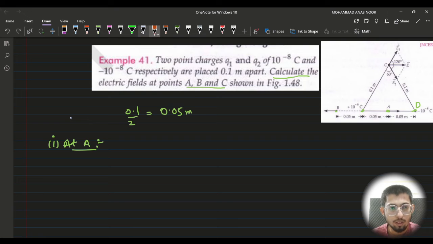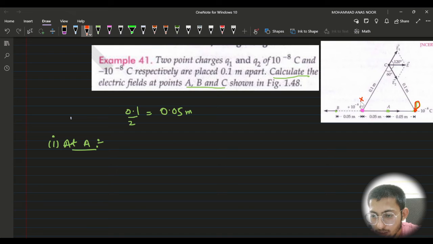So if I mark it by pink, this is the pink one, and this is the red one. So what do you say about the electric field at A due to this charge? In which direction? This is not C actually. This is Coulomb. So let us mark it.